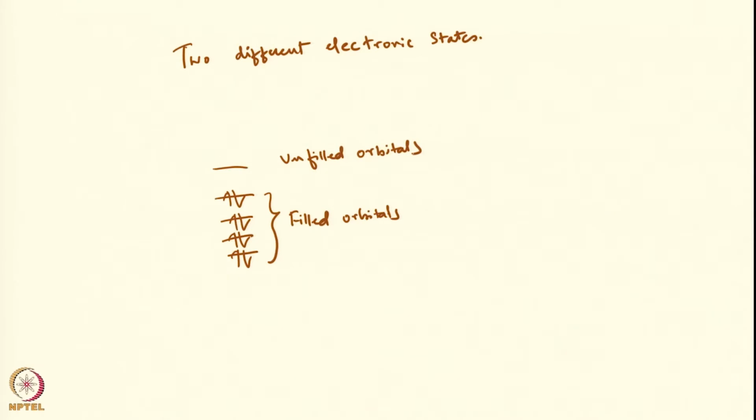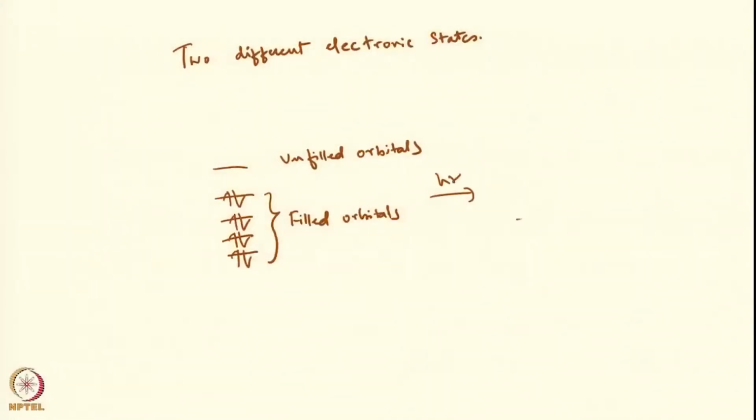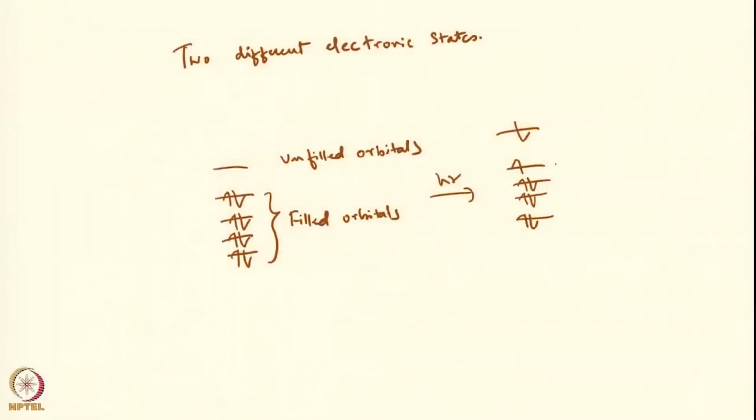Then by applying energy, or putting in a photon, in the presence of h nu, I can go from one configuration to another. I have now replaced an electron from the highest occupied atomic or molecular orbital to the lowest unoccupied one.